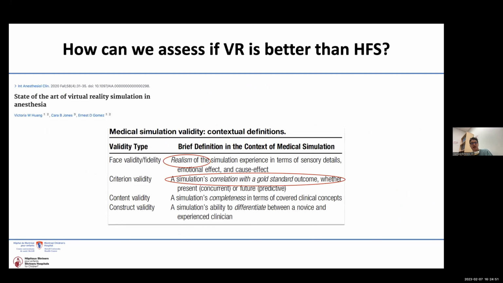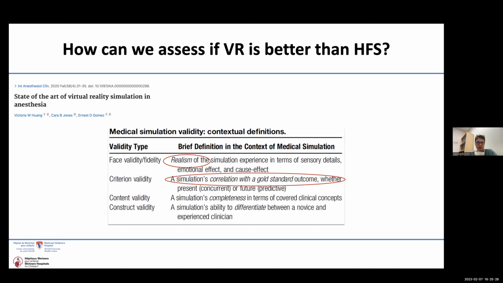Well, first of all, this is a paper written in anesthesia, but I believe it applies to most of the fields in education. Whenever you implement a simulation, either VR or something else, you have a sort of realism which needs to be taken into account, and then you should compare your new equipment with the gold standard.